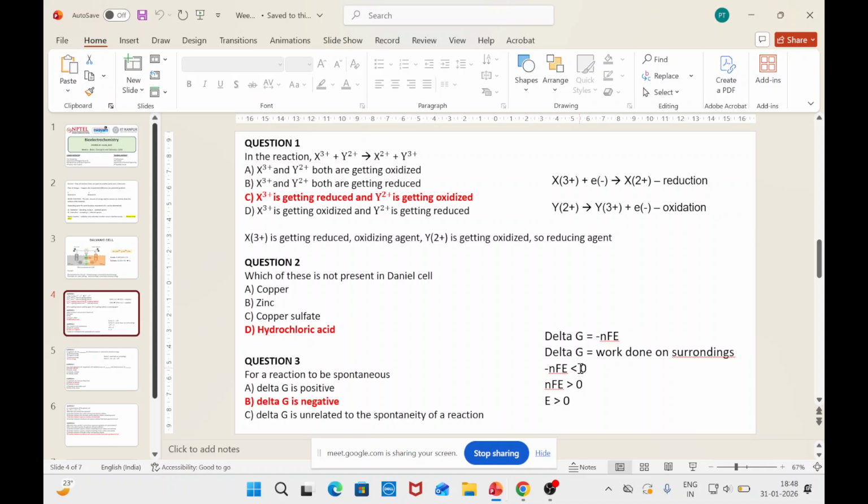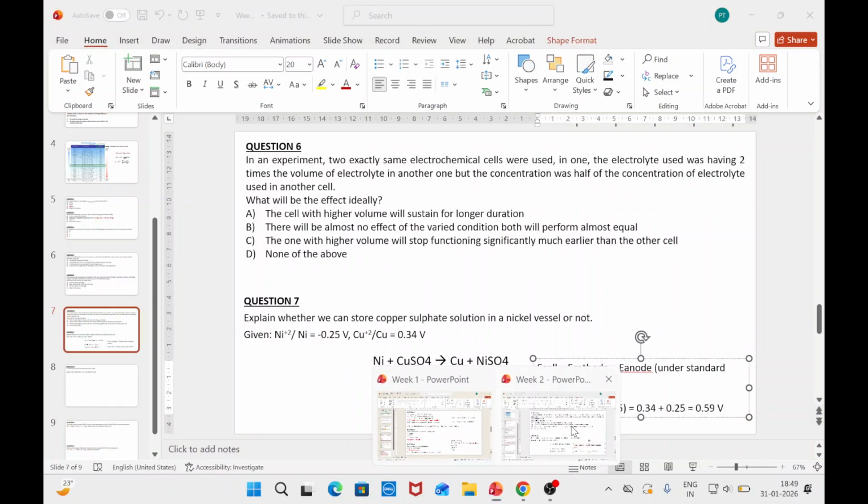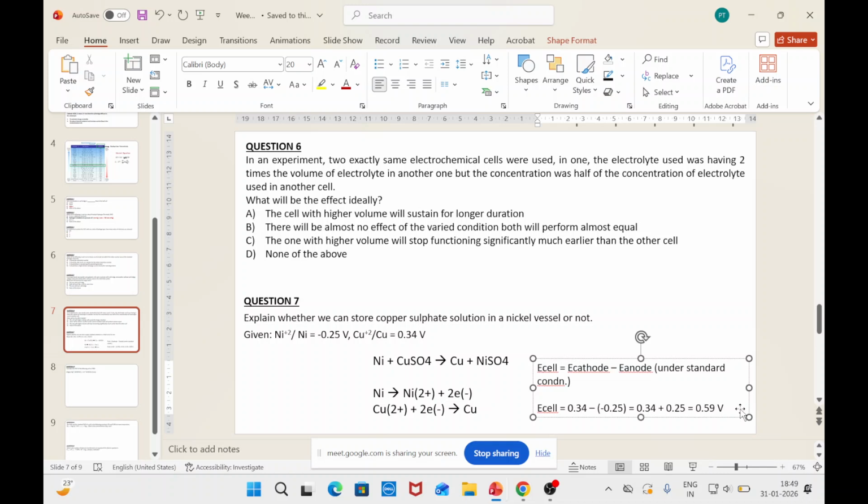So if two of the three quantities are positive and the product of all three should also be positive, then the third quantity should also be positive. So E of the cell is positive. That means the reaction is spontaneous and it is going to happen. Here the EMF of the cell for this particular reaction is positive, which means this reaction will happen.